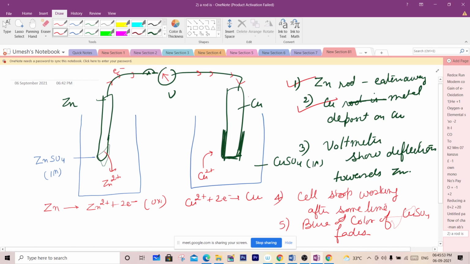Okay. And the voltmeter shows deflection because electrons are flowing from the zinc to the copper, and by convention this is known as the electronic current. Zinc to copper is called electronic current, and copper to zinc is conventional current.